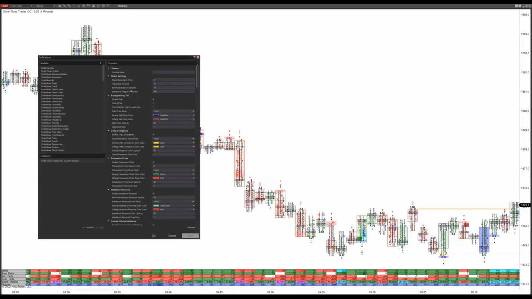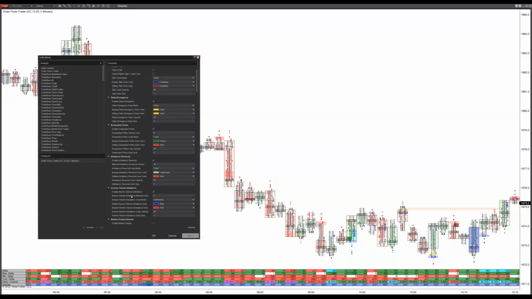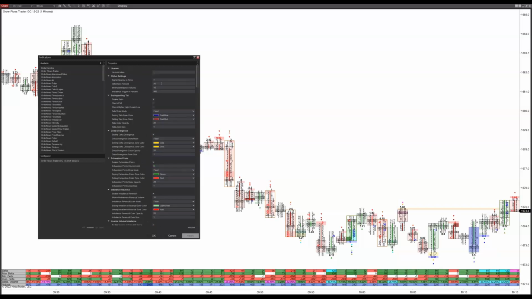Minimal imbalance volume, and what this one is related to is anything imbalance related. Imbalance reversals. We have inverse imbalance, stacked imbalance, and just regular imbalances. Actually, on the inverse imbalance, we do also have that setting in here, but you can control it from up here. And what that means is 10.